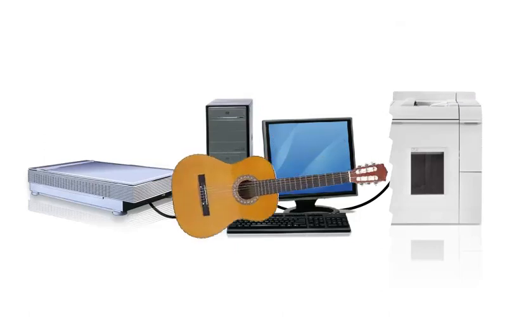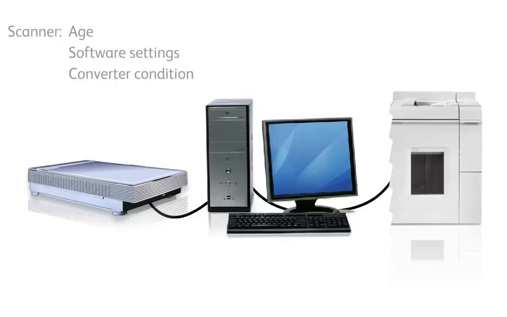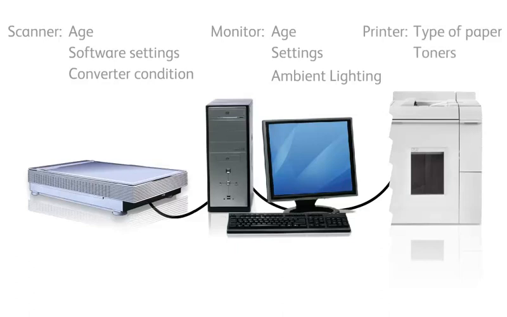The age of a scanner, the software settings, and the conditions of the analog to digital converter technologies affect how it performs. The age of a monitor and how the settings are adjusted are just a few things that affect how it performs. The type of paper used in a printer, the toners, alignment, registration, and the density of the dots are just a few things that affect how a printer performs.